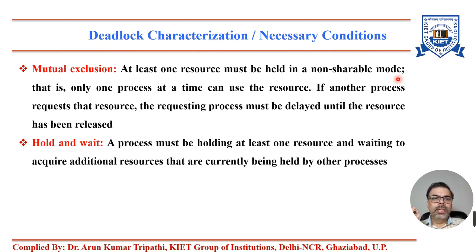Second one, hold and wait. A process must be holding at least one resource and waiting to acquire an additional resource that is occupied by some other process. So for the occurrence of deadlock, the second condition is hold and wait. Suppose I am holding some resources and waiting for another process to release its resources so that I can execute and complete my execution.